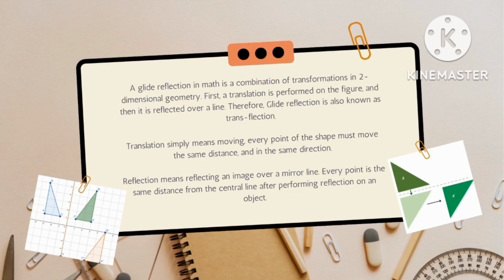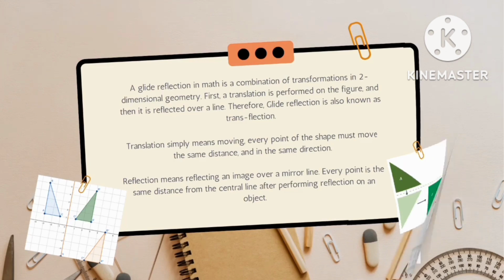Translation simply means every point of the shape must move the same distance in the same direction. Reflection means reflecting an image over a mirror line. Every point is the same distance from the central line after performing reflection on an object.